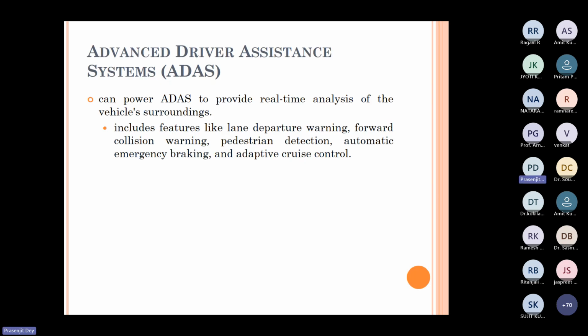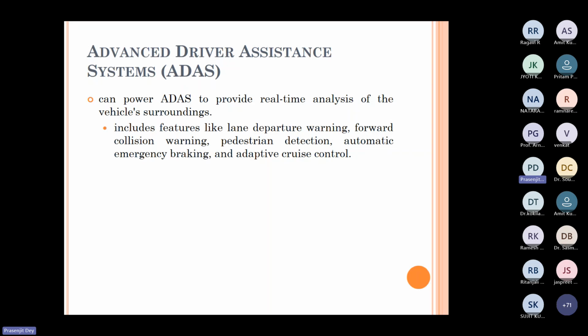Based on that, there is a concept called advanced driver assistance system, that can provide lane departure warning, whether I am departing from my lane or not, and forward collision warning, if there is any vehicle coming in front of me, or any pedestrian crossing, or any child running in front of my car.